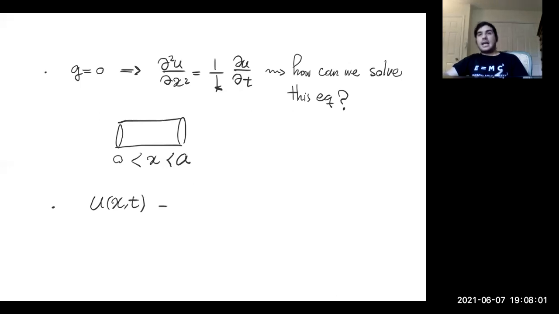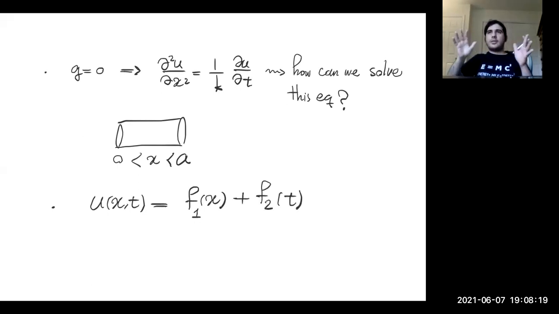Suppose it can be written as sum of two functions, where one part is just a function of x. Let's show that with f1. And the other one is just a function of t. Okay, that's just an assumption. Let's assume we can write this function u as sum of two functions. One of them is a function of x and the other one is a function of t, okay?